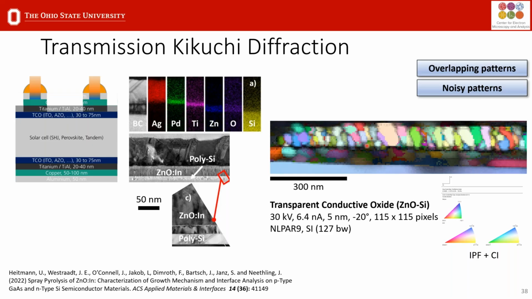I know there are developments now where if you really optimize the patterns, you can do them on the fly, and I'm sure EDAX can comment on inline EBSD indexing, the state of that development, because it is matching almost the speeds of Hough indexing currently.